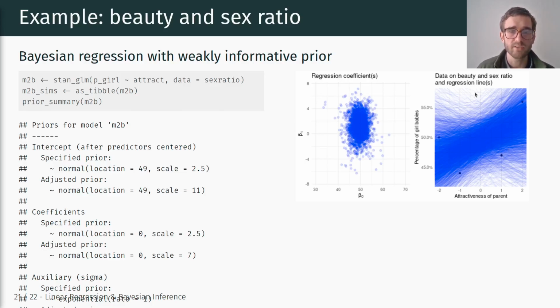Because there's so much uncertainty in the expected percentage of girl babies that we couldn't really say anything at all.